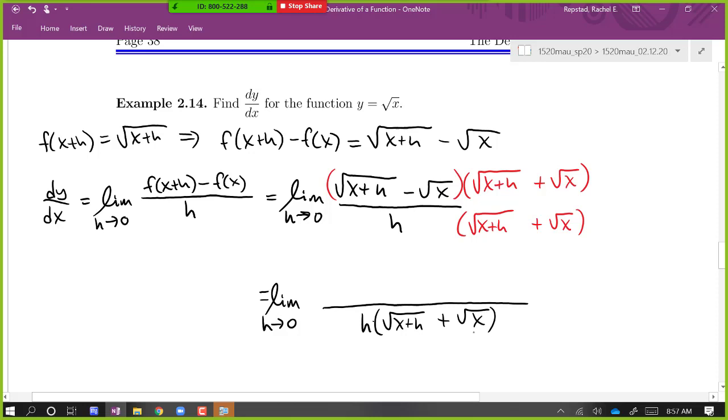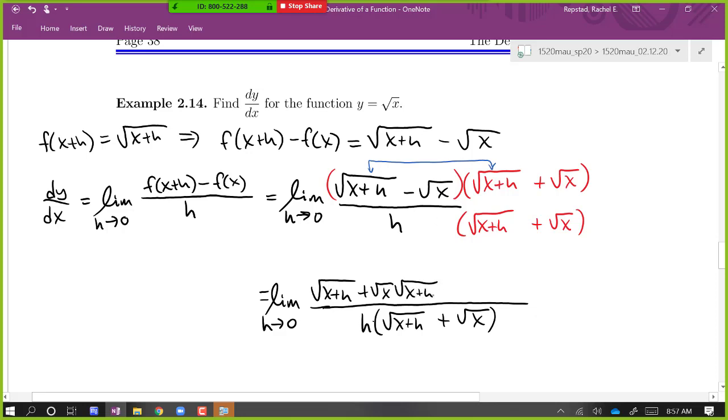On top, I've got this product I need to evaluate. So if I FOIL this out, I have x plus h, because I have root x plus h times root x plus h, which is x plus h. For the outside product, I've got plus root x plus h.